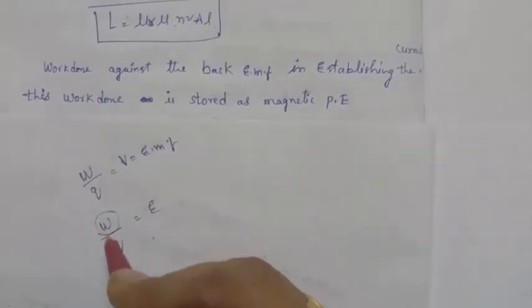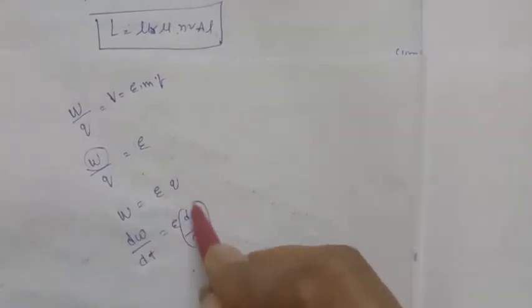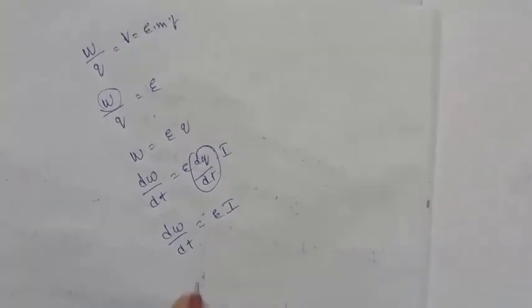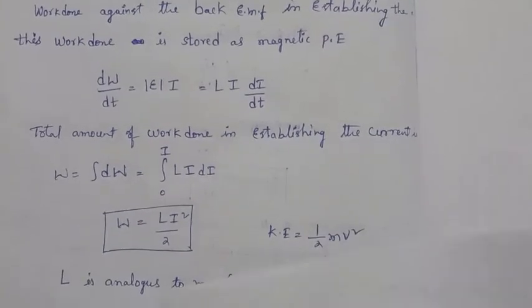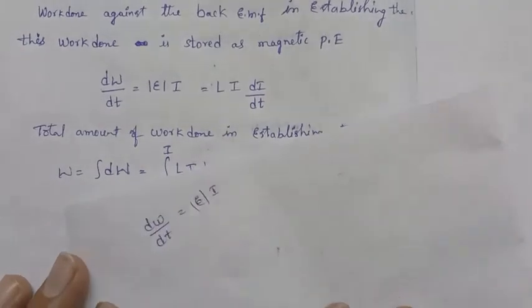The work done, W is equal to E into Q. Differentiating this equation, dW by dt is equal to E into dQ by dt. dQ by dt is nothing but I. So dW by dt is equal to E I, taking the modulus.